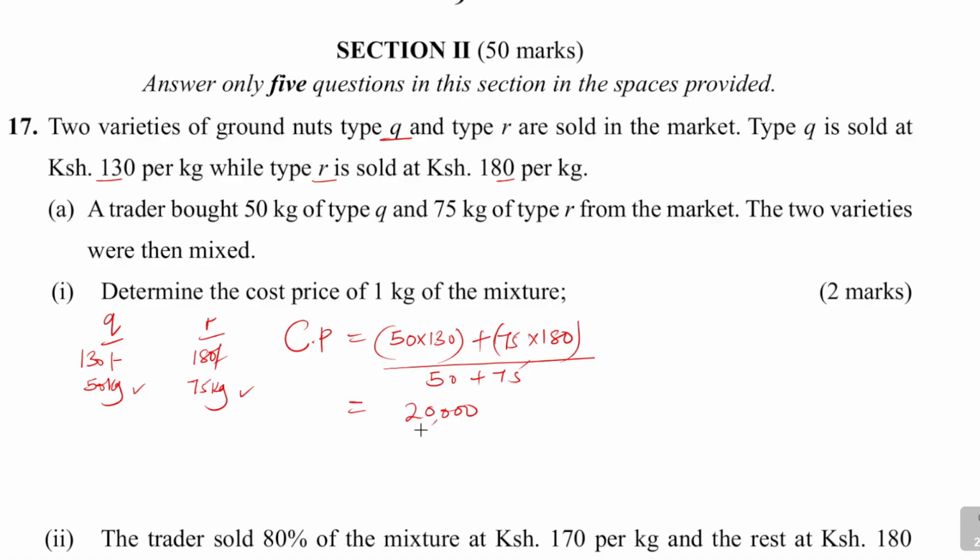Then you divide by 50 plus 75, that is 125. When you divide these, you will get 160 shillings. So that is the cost price of 1 kg of the mixture.